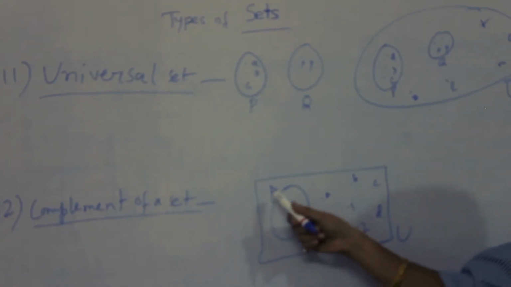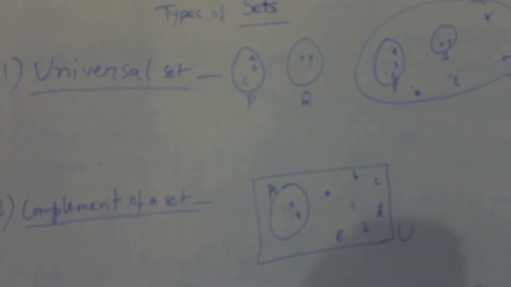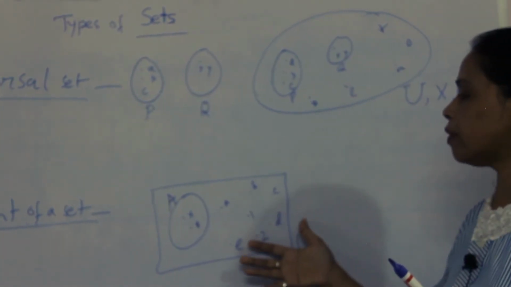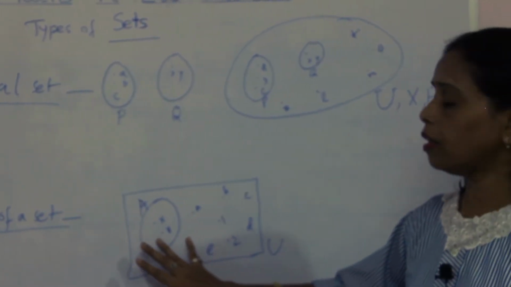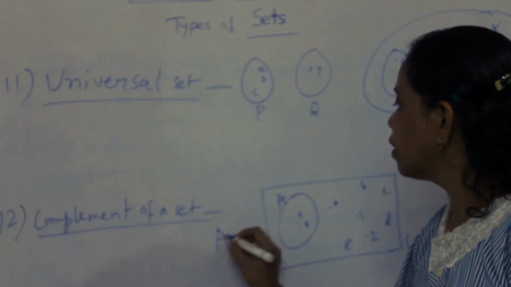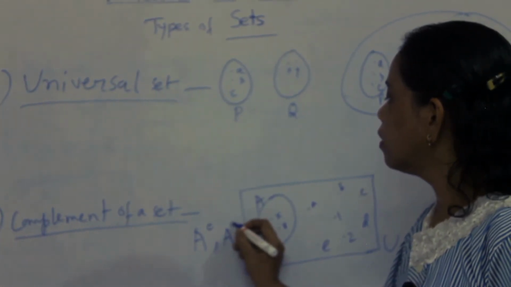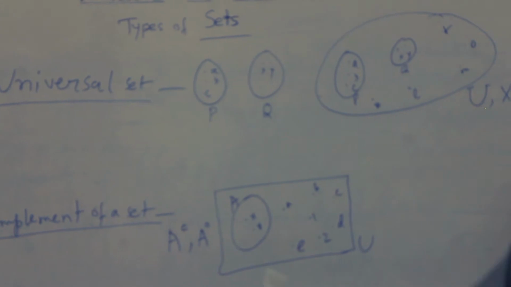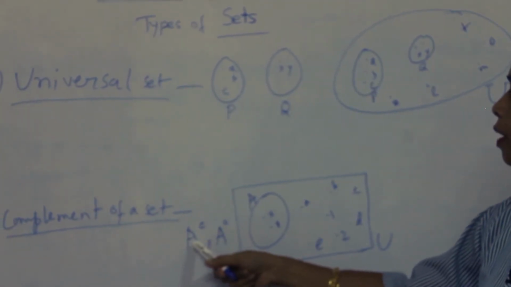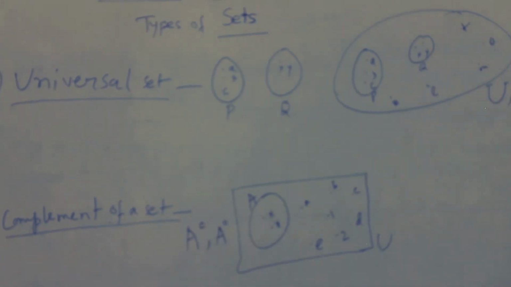It is the elements which are contained in the universal set but not in set A. The complement of a set is denoted by A^C or like this, A to the power C or A to the power O. It is denoted like this.